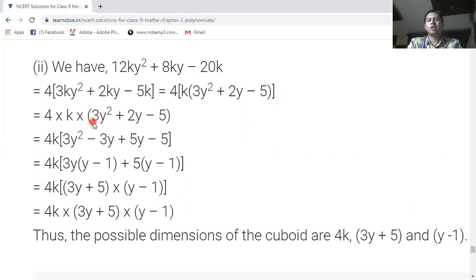The square is area. So we further split it and get it in linear form, where the power must be 1. So here the power is 1, here the power is 1, and the exponent of k is 1. So y raised to power 1, y raised to power 1, and k raised to power 1. These are the three different expressions for length, breadth, and height.